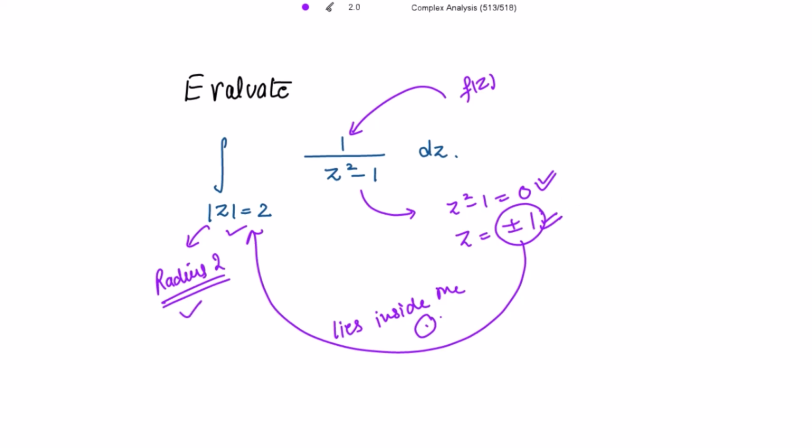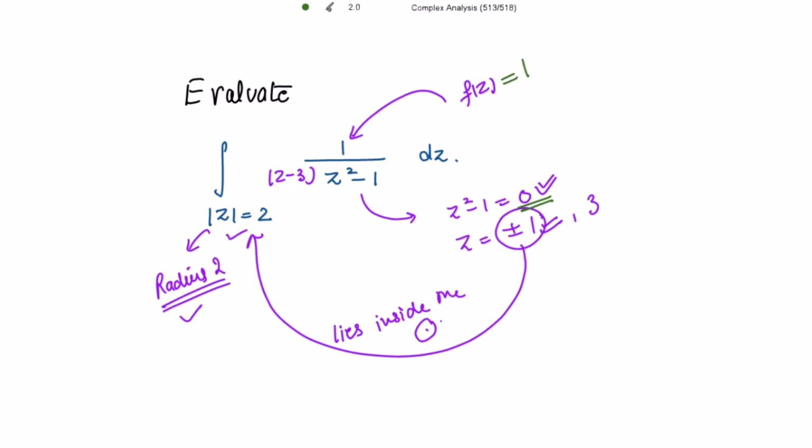Suppose I have the point, let's say 3, and here we have the bracket z minus 3, right? Now this point 3 does not lie inside this circle. Then we must include this bracket with the numerator for f(z), right? So in this example we only have two points, that is z = plus minus 1. So f(z) is only equal to the numerator. We take f(z) to be equal to 1.